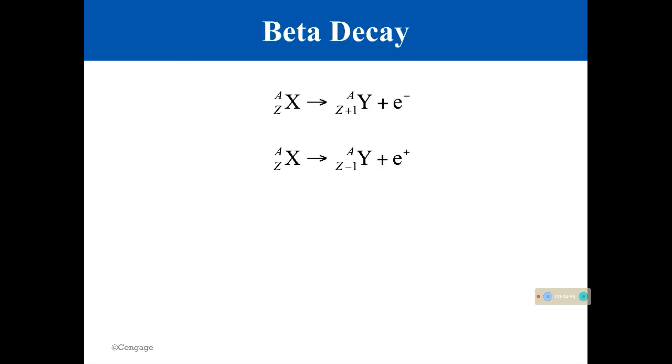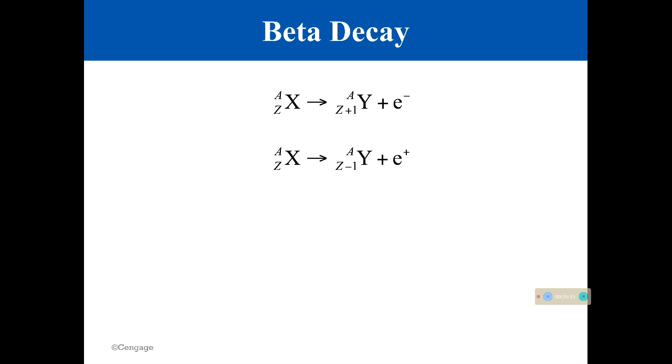Beta decay. So beta decay is interesting because remember I said a second ago that beta decay is what? Which one's beta decay? Electrons or positrons. Now, here is the interesting thing out of this, though.